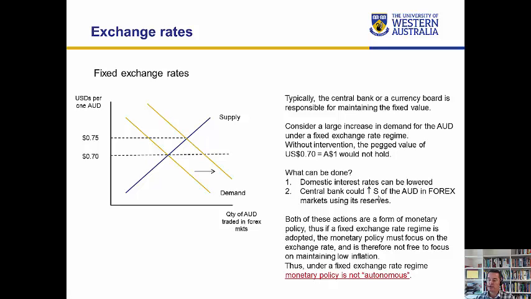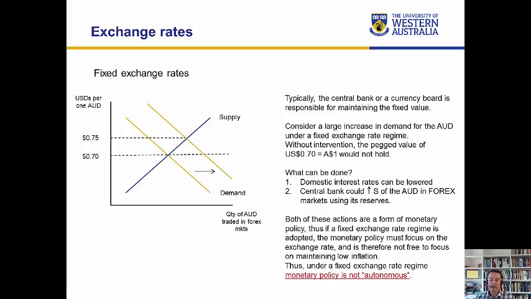Those foreigners use those extra Australian dollars that are being supplied in the forex market to buy Australian goods and services, and as soon as they buy Australian goods and services, that money is now in the Australian economy. So number 2 involves increasing the supply of money in the domestic economy.